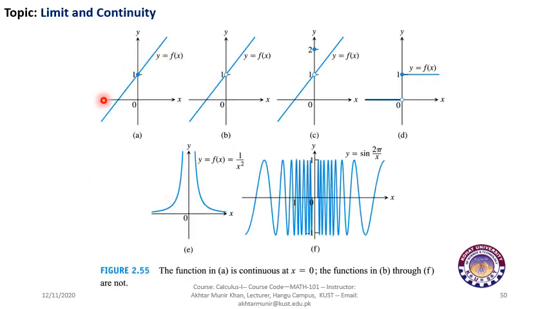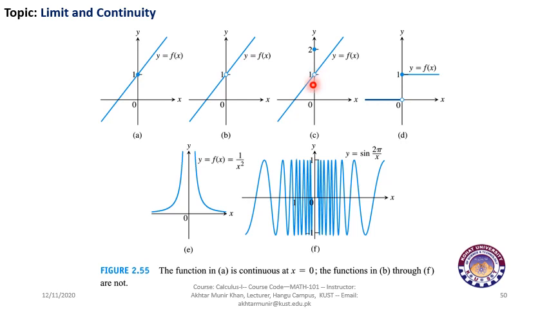Suppose we have some other functions which are shown in this figure, from a to f. The first function, a, is continuous everywhere. Here it is discontinuous at only one point, x equals c, because there is an empty hole or empty space between the function.